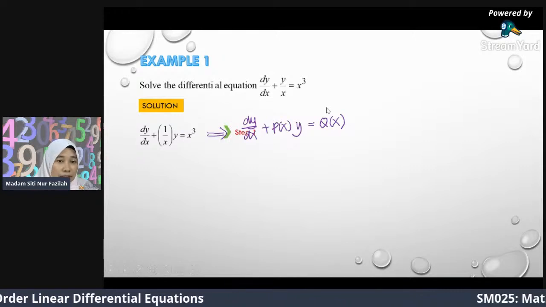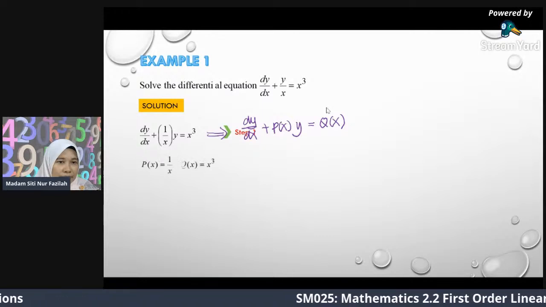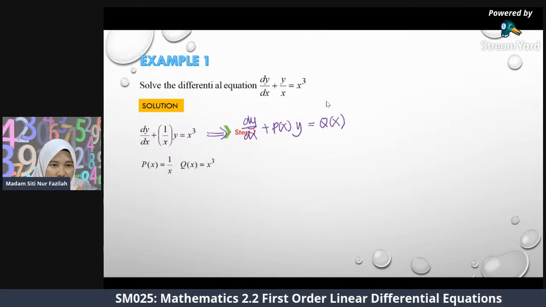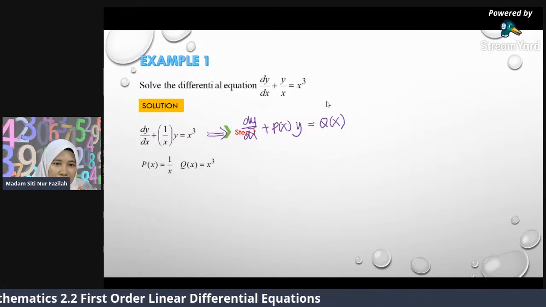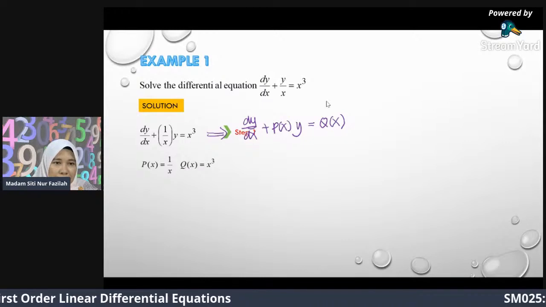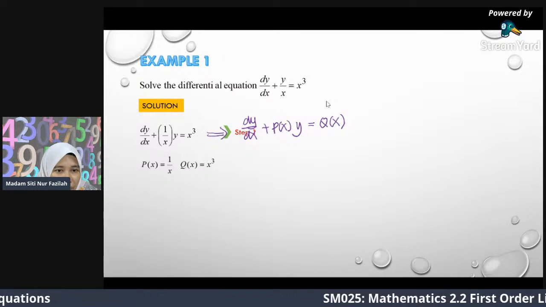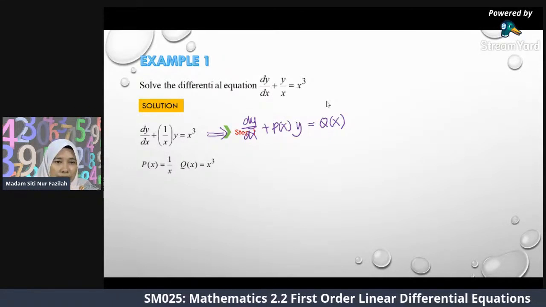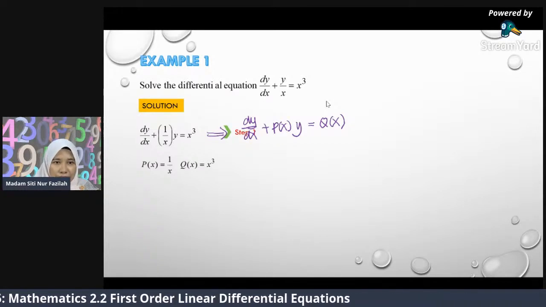This is step 1. Before we go to step 2, carry out the function P(x) and the function Q(x). The function P(x) is 1 over x, make sure it's positive 1 over x, and function Q(x) is x to the power of 3. We have settled step 1.